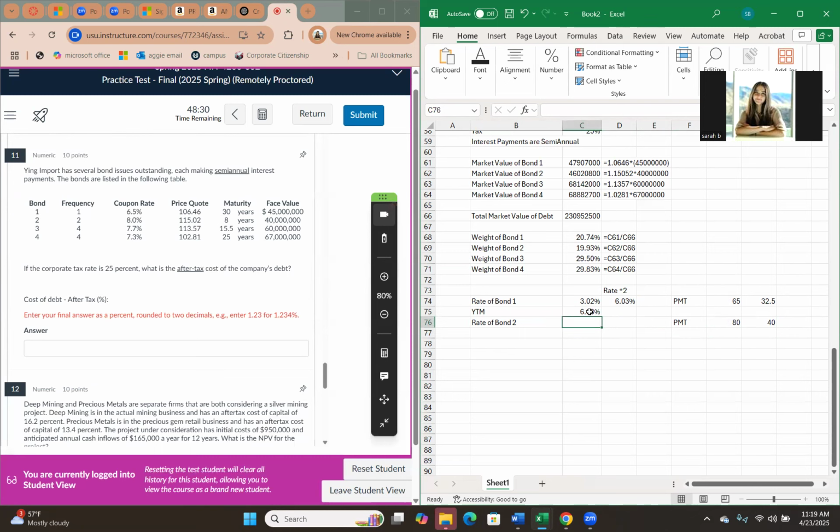Rate of bond two equals rate. Number of periods is going to be, let's see, 8 years times 2. Payment is going to be our $40 that we calculated right over here.